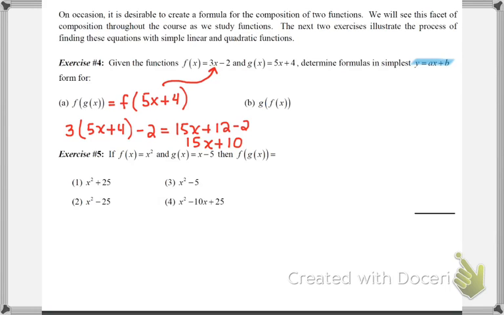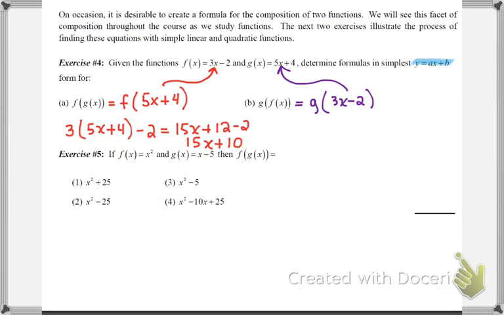Now we want to find g of f of x. So into function g, we're going to plug in f of x, which is 3x minus 2. So wherever there's an x in function g, we're going to plug in 3x minus 2.